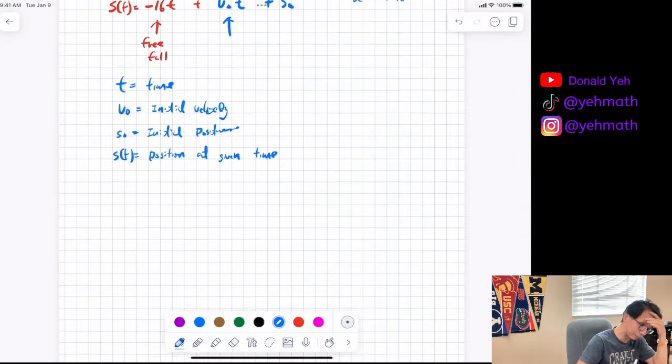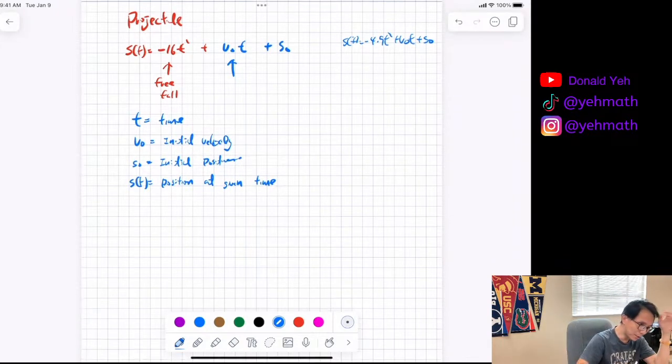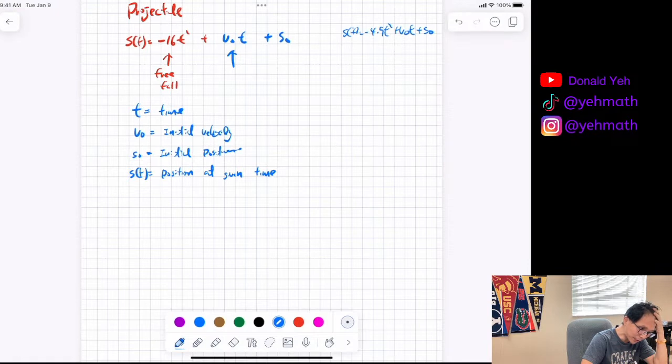So that's that. Now, you can take a derivative of the position function. What's interesting is that the derivative of the position function is v of t, which is s prime of t equals v of t, which equals negative 32t plus v0.